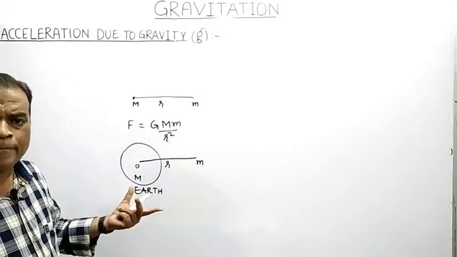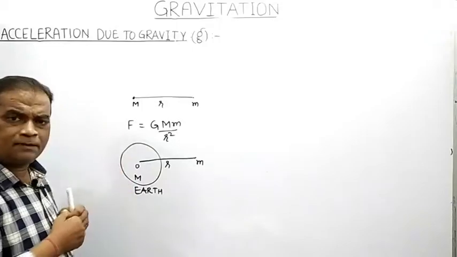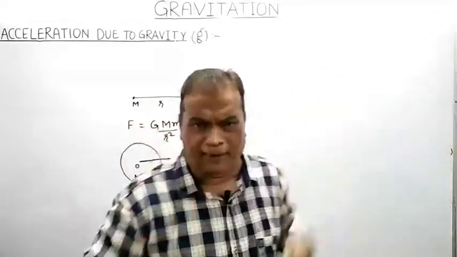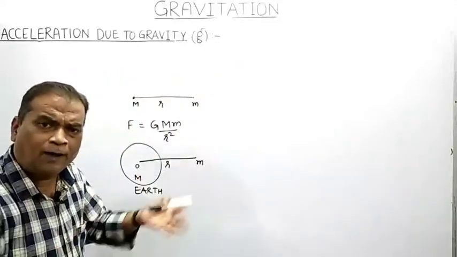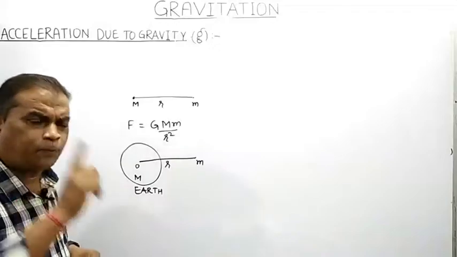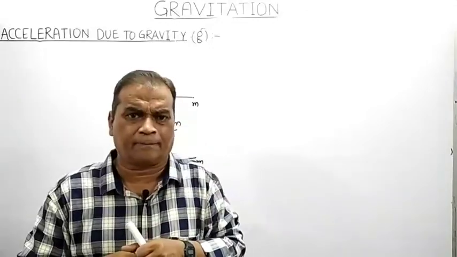Why is it so? The extended body, which is the Earth, whose shape we are taking as spherical, and for a sphere, the point at its center is the point where the whole mass of the body is supposed to be concentrated.